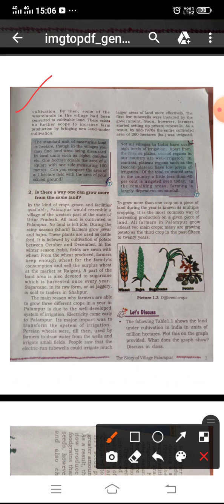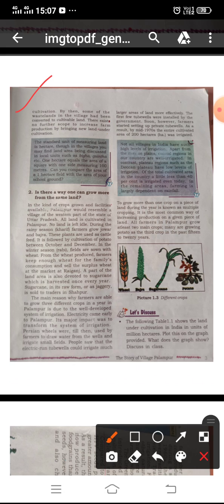Now the second heading: is there a way one can grow more from the same land? Yes, students, when we talk about the kinds of crops grown, there are many facilities available there. Palampur village is in the western part of Uttar Pradesh.